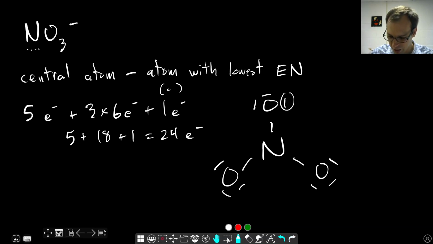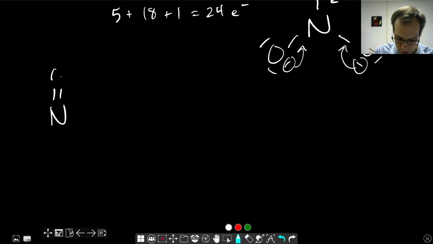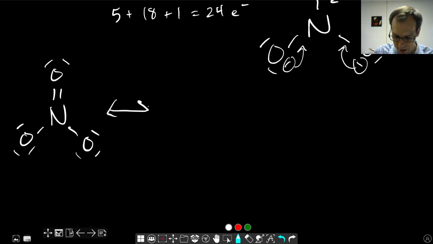Again, we're going to be sharing electrons from the oxygen, so we could share it from this top oxygen, from this oxygen over here, or this oxygen over here. Any of these would be valid. And so that gives us 3 different resonance structures. So our resonance structures are going to look like one where there's a double bond with the oxygen on the top. And the way we indicate resonance structures is this double-headed arrow like this.